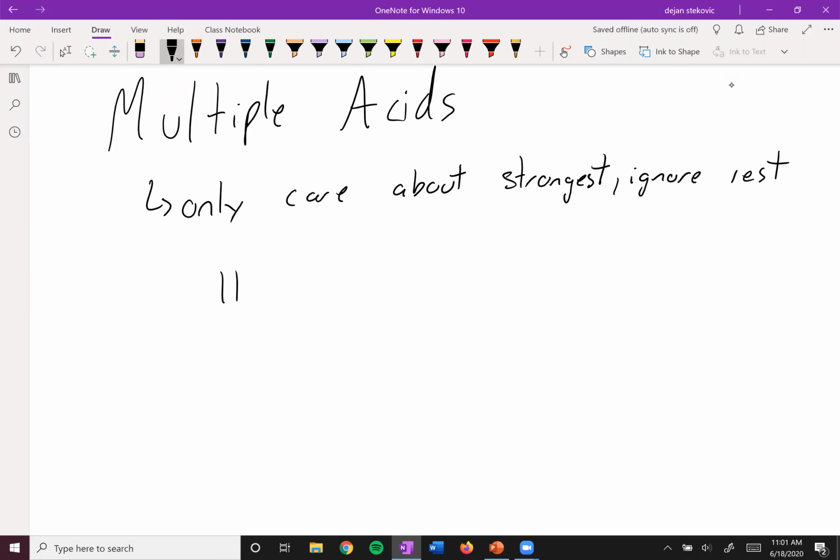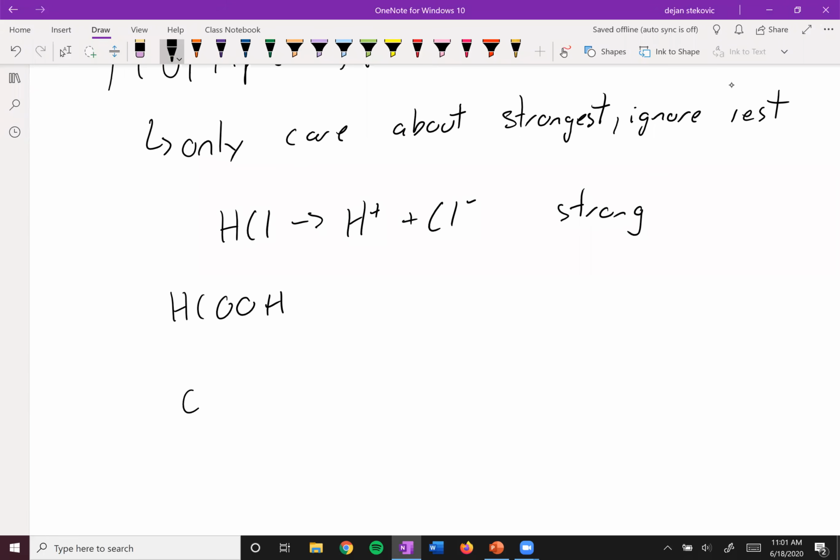For example, if you have HCl, that's a strong acid. If you have a lot of that in there, it's going to donate a lot of H+. And then let's say you added some formic acid. Draw the little Lewis structure for you here.